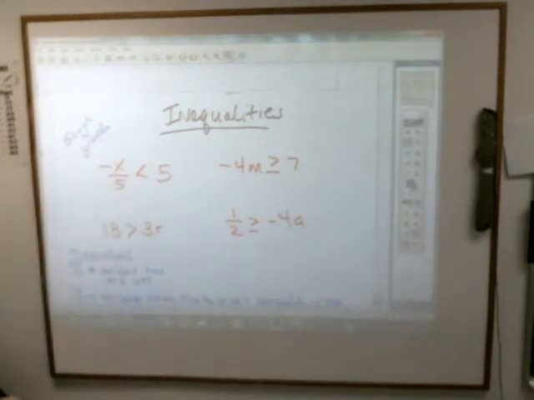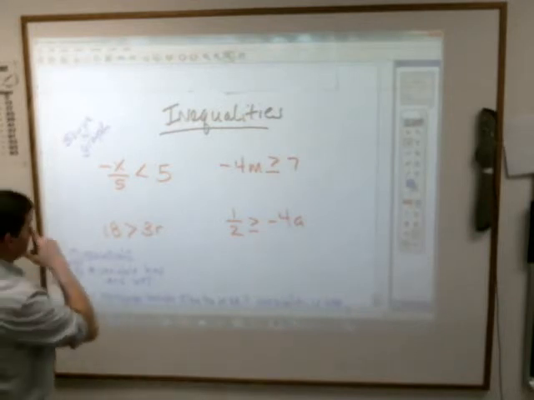Now notice if you change the sign by adding or subtracting things, then it doesn't change. But if you change it by multiplication or division, it does change.